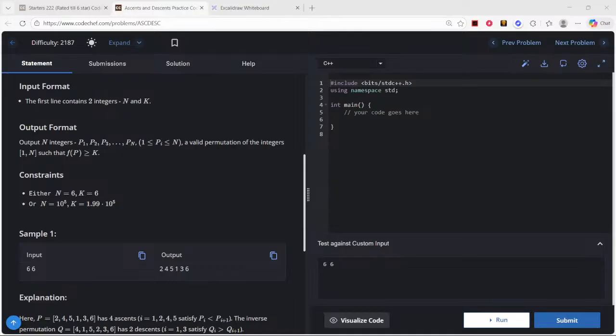So Q of i is equal to k, right? Where P of j is equal to i and k is equal to j.